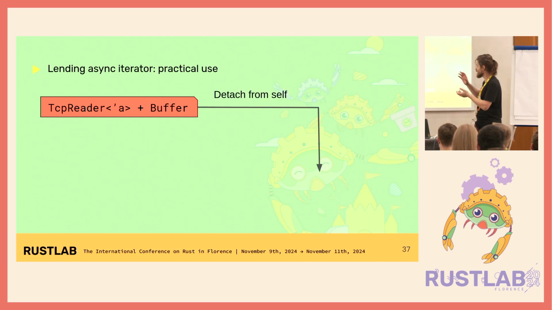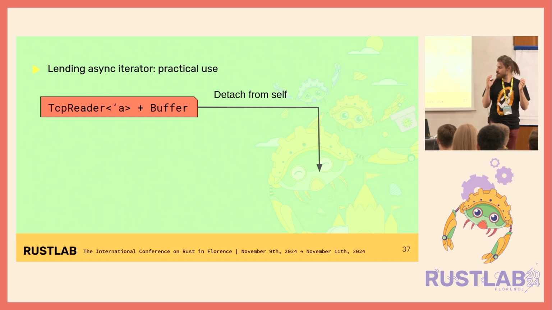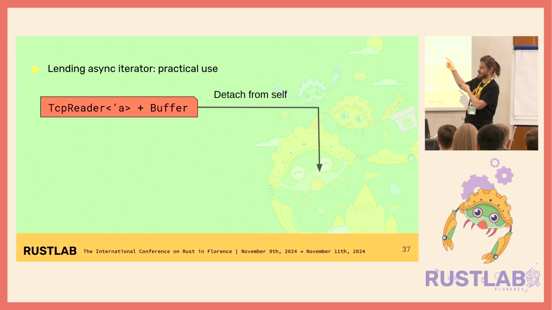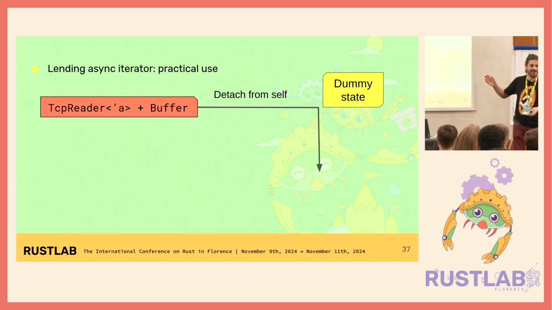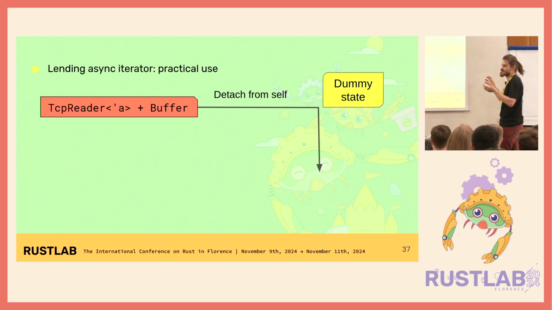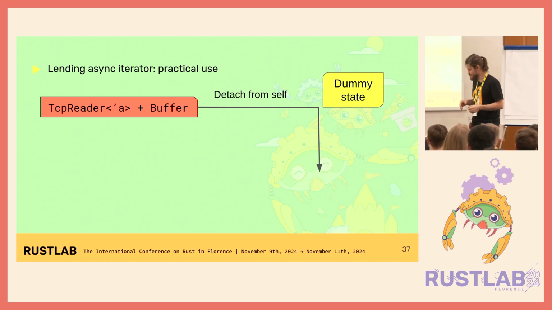So we just create the state and we try to detach it from self in order to detach the lifetime of these two from self. So we are not creating a self-referential type anymore, but we cannot leave that thing uninitialized. And for this, the strategy is to create a dummy state. It doesn't mean anything. It's a state that is just there to avoid uninitialized memory.